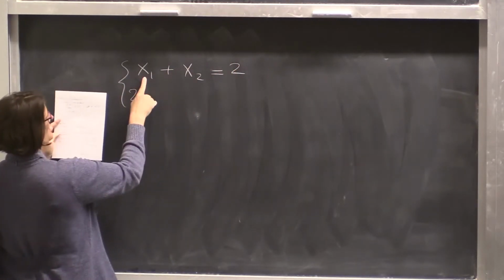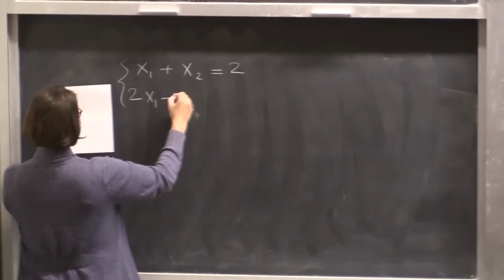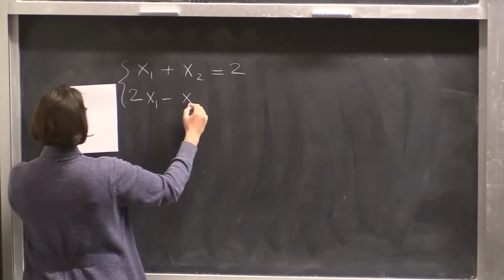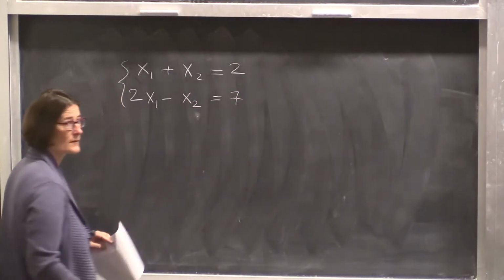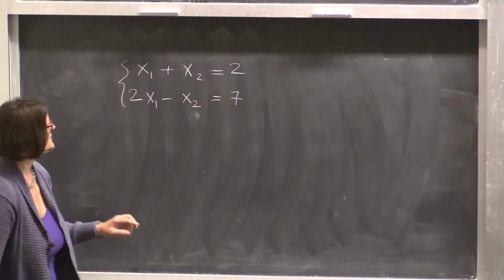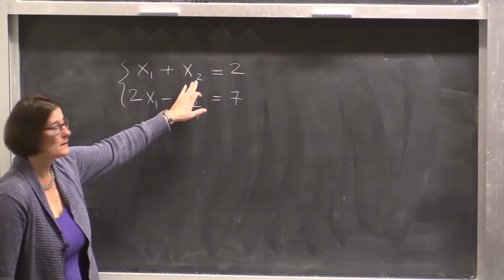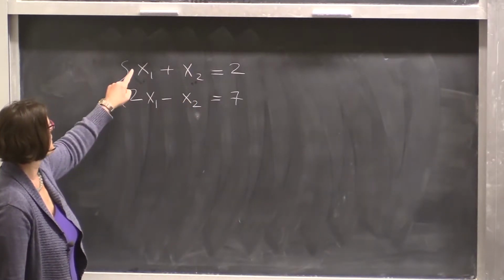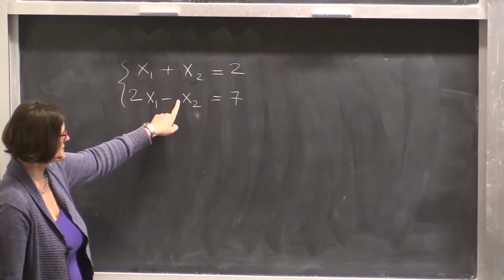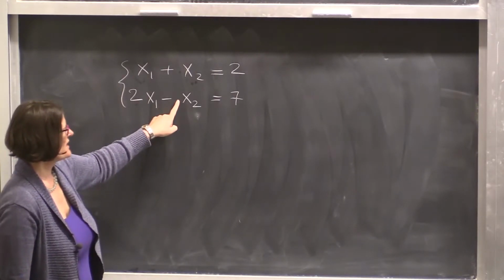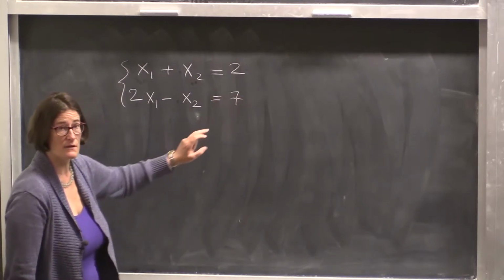The first equation is x1 plus x2 equals 2. The second equation is 2x1 minus x2 equals 7. The unknowns, or the variables, are x1 and x2. The coefficients are 1, 1, 2, minus 1. The right-hand side, or the constants, are 2 and 7.